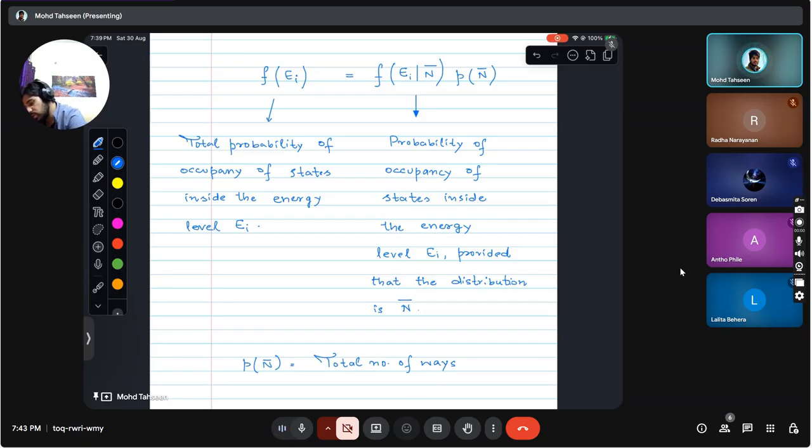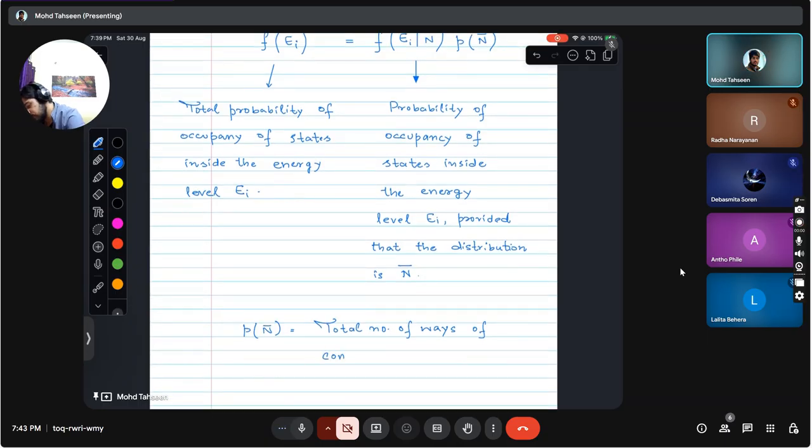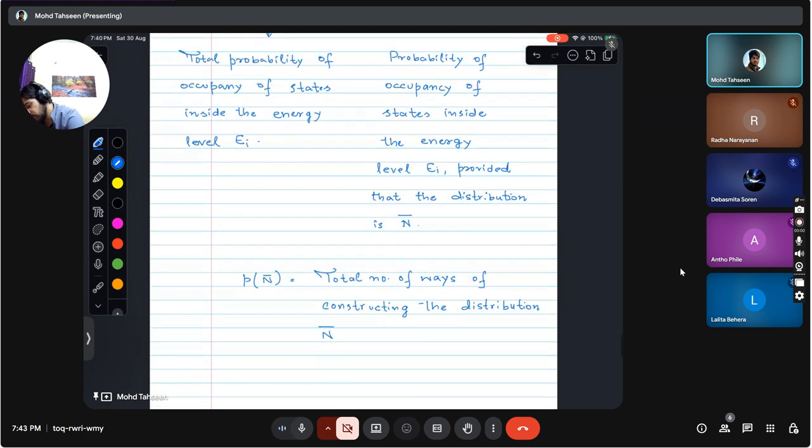So it's the total number of ways of constructing the distribution n bar, divided by the total number of ways, and you can also call it a microstate, right?